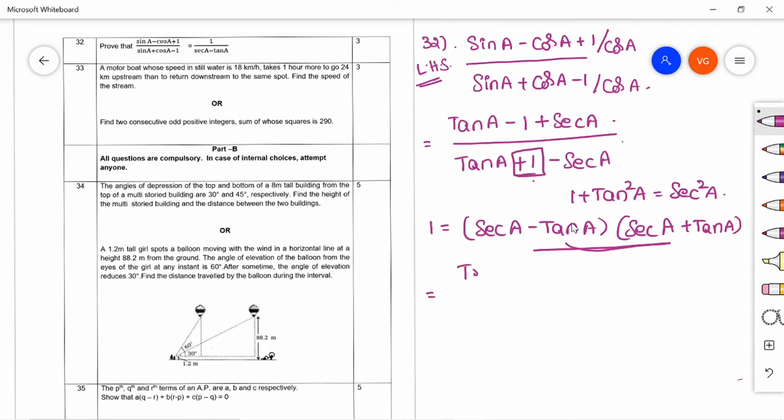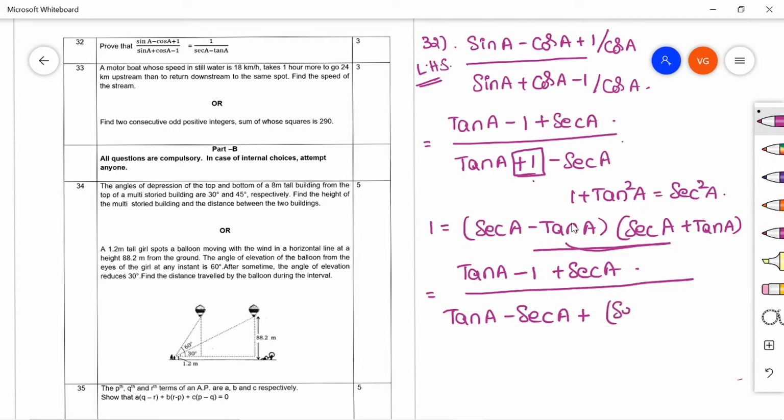So then it becomes tan A minus 1 plus secant A divided by tan A minus secant A plus, in place of 1 I am writing secant A minus tan A multiplied by secant A plus tan A. Right?